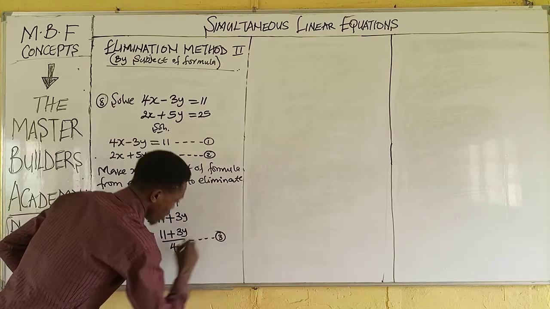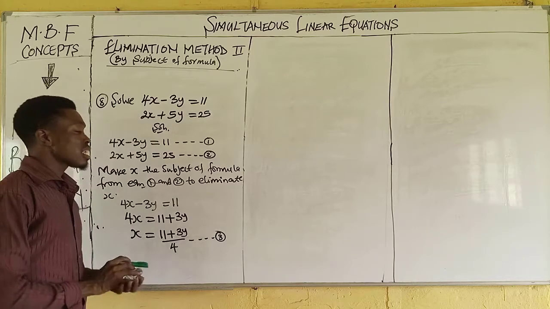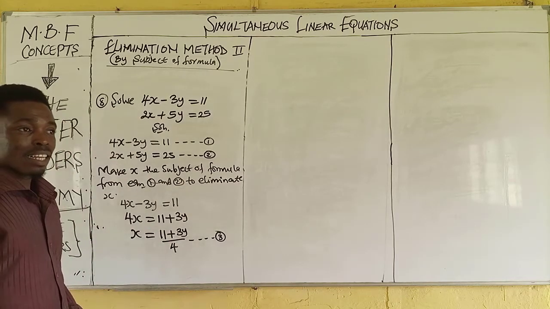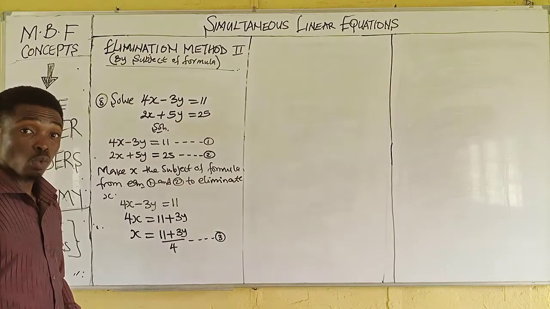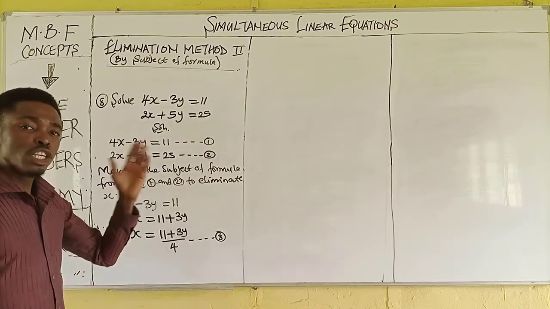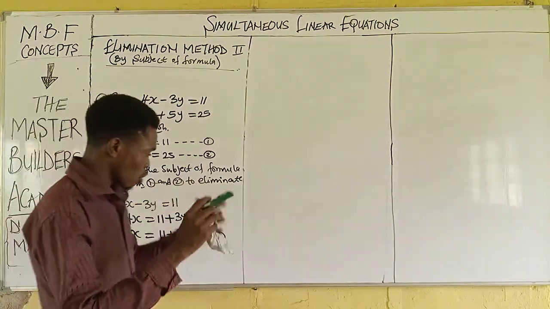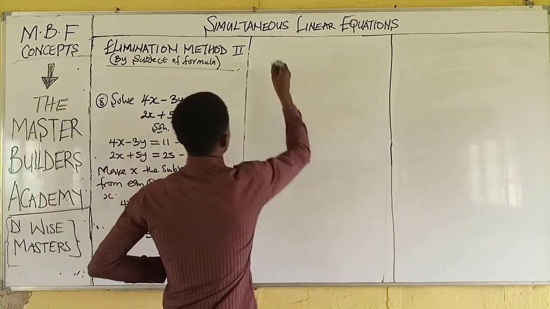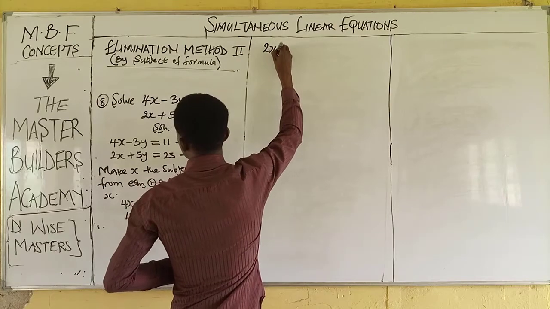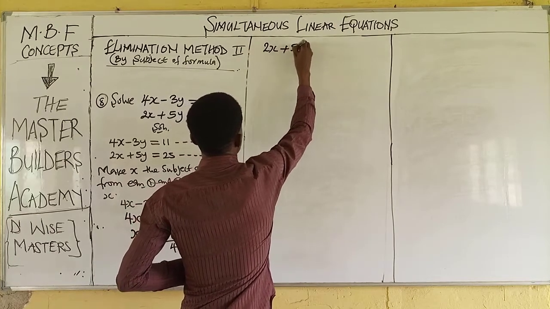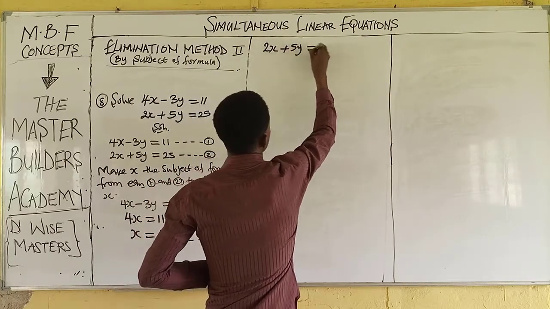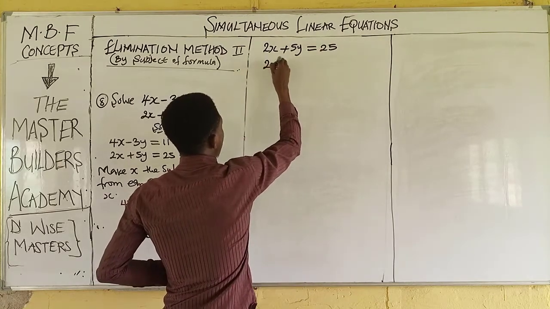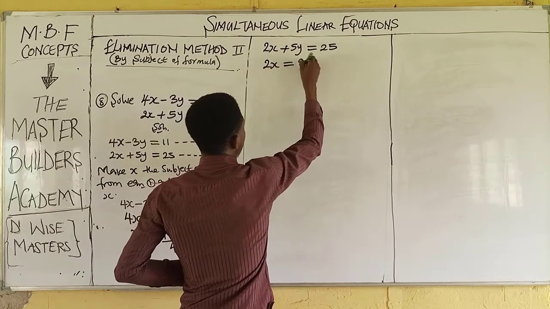This is equation 3. Then the next thing we are quickly going to do is to also make x the subject of formula from equation 2. We have already decided we want to eliminate x, so it is only x that will be made the subject of formula from both equations given. Now I will put down the next equation, which is 2x plus 5y is equal to 25. To make x the subject, I put down 2x equal to 25.